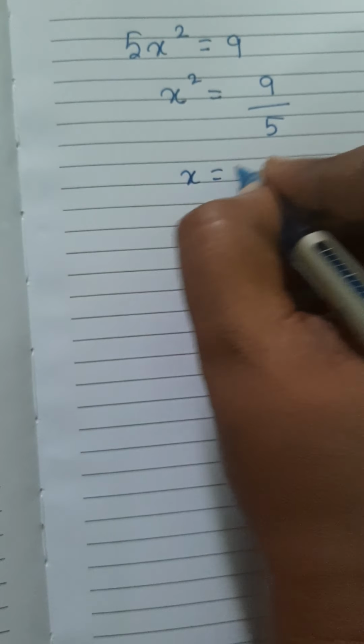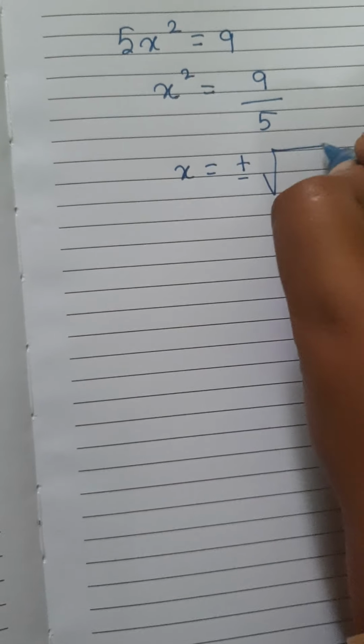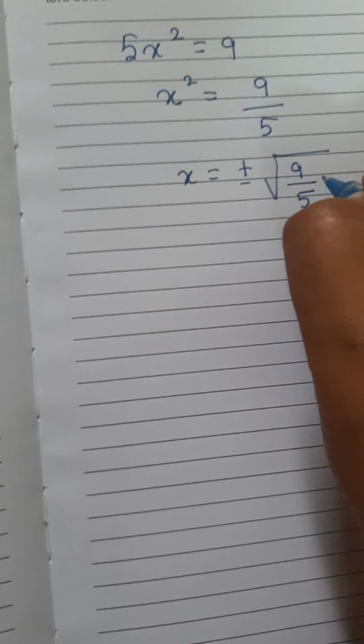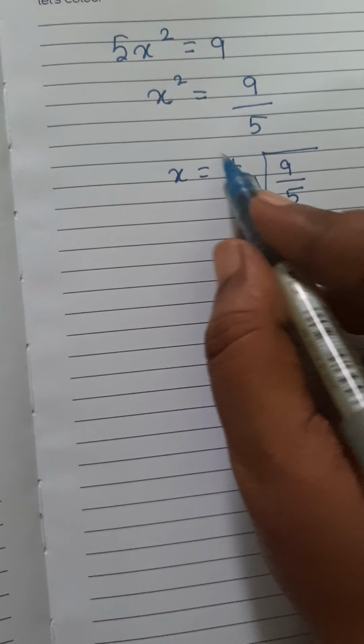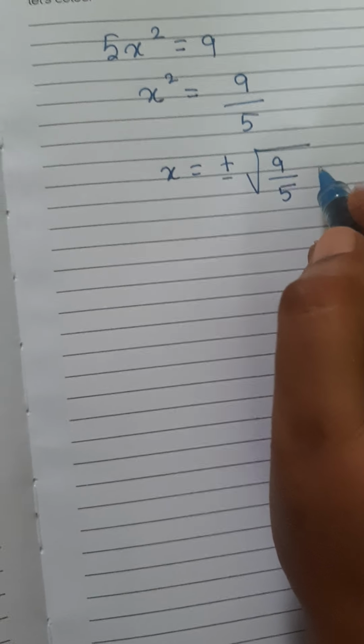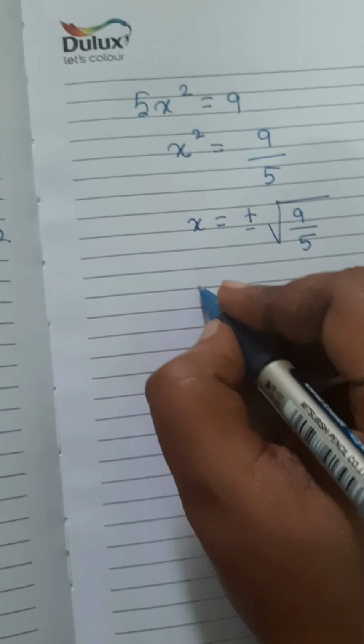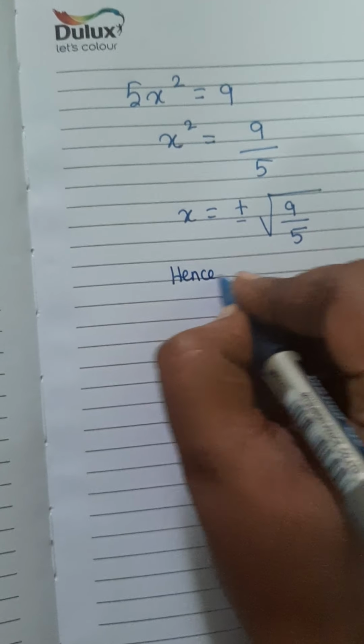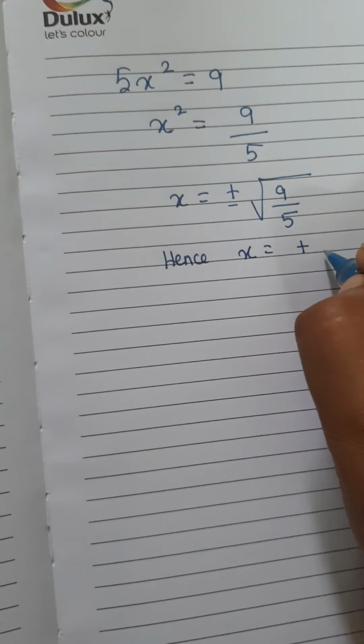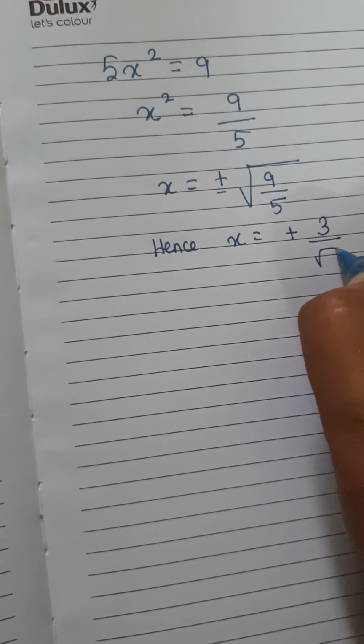Therefore x will be equal to plus or minus square root of 9 by 5. I cannot have a negative value, so I will go only with the positive value, because the length of a diagonal cannot be negative. Hence x is equal to 3 by root 5.